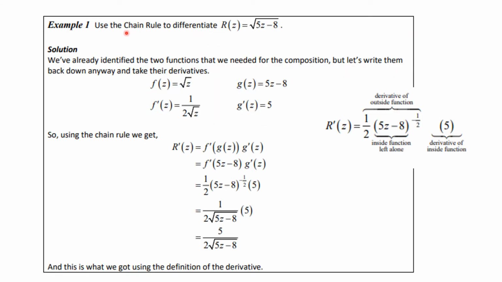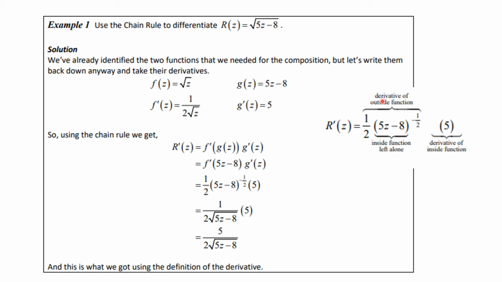So here we're going to take the chain rule to differentiate r of z is equal to the square root of 5z minus 8. Now we used the definition of the derivative to calculate this one before, but now this is the same thing as, you see, f of z, the outside function, is the square root function, and then inside you have 5z minus 8. So r prime of z is going to be the derivative of the outside function. This is 5z minus 8 to the 1/2.